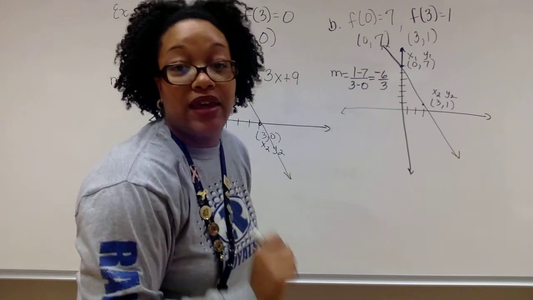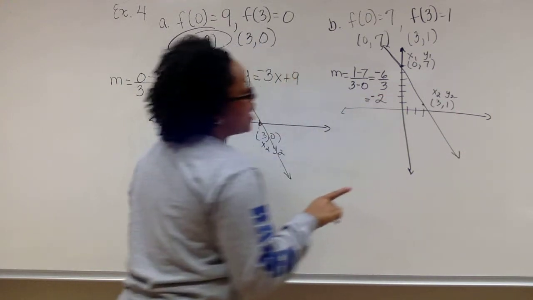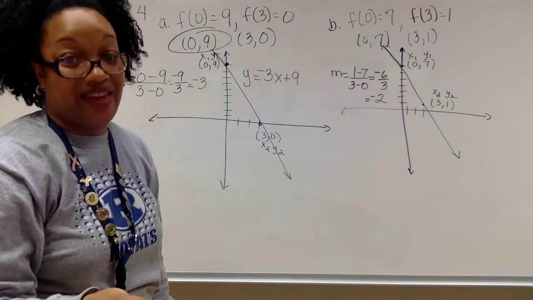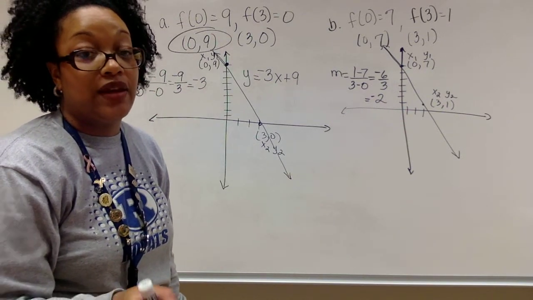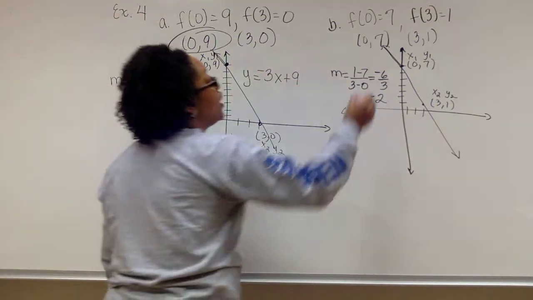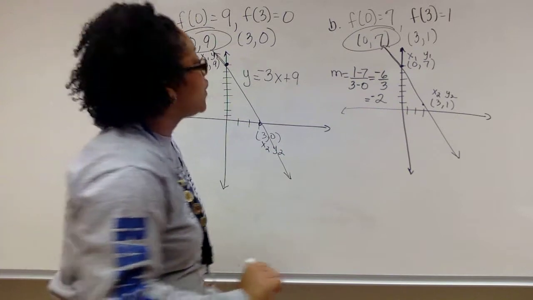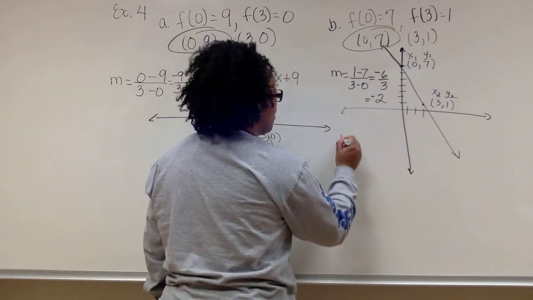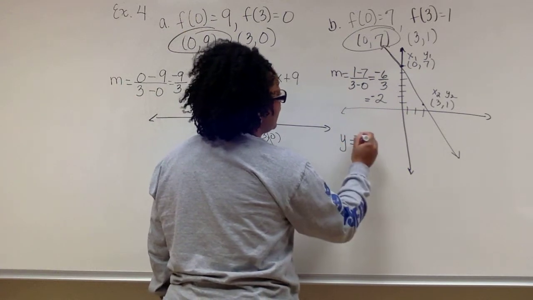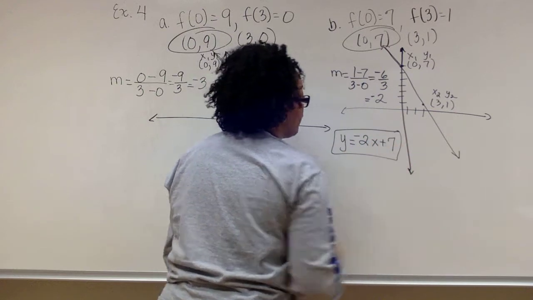My slope is negative 2. And if you did your rise over run, you should get the same thing, negative 2. Now, which one of those numbers gives me my y-intercept? The one where x equals 0. There's my b. So my equation should be y equals negative 2x plus 7. There you have it, folks.